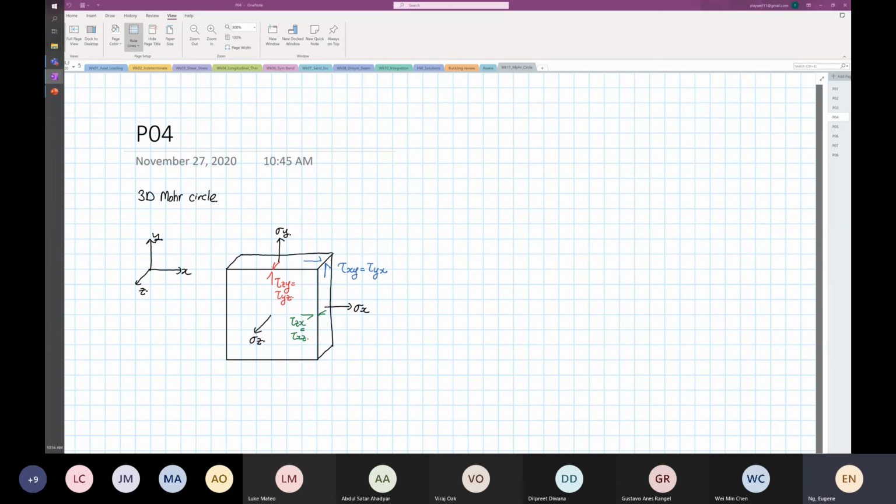So we altogether have 6 planes, but they are repeated twice, so it's 3 unique planes. This surface over here is our YZ plane, this surface is our XZ plane, and over here is your XY plane.